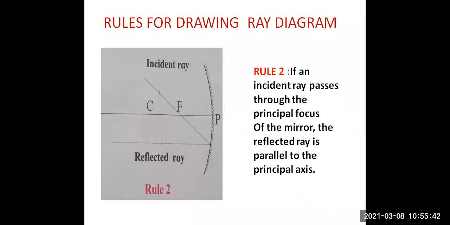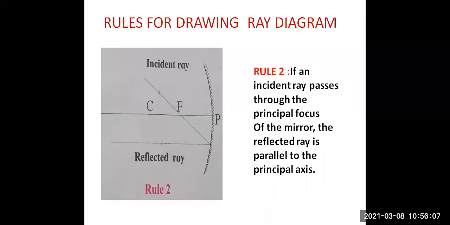Here also in the diagram you can see that the distance between CF is the same as that of FP. So whenever these rules are asked, or if you are drawing a spherical mirror, see to it that the distance between CF and FP is the same.